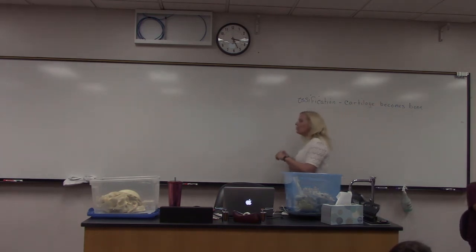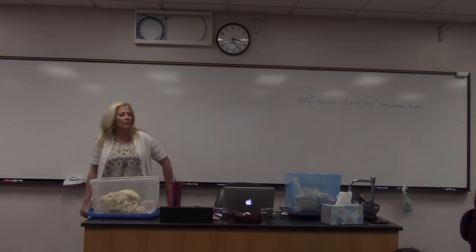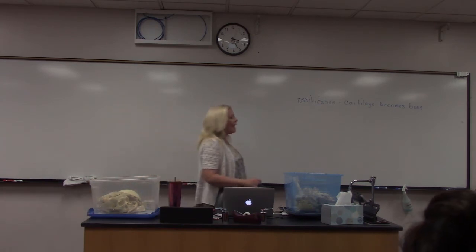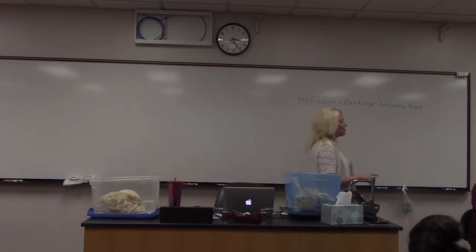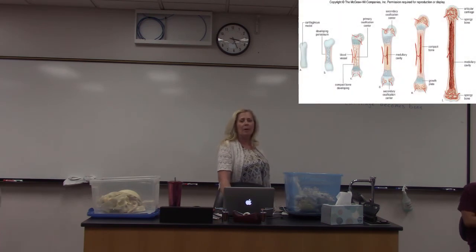So when we go through the process of ossification, we're turning cartilage into bone. So we have basically two major sites for ossification. We call it a primary site and a secondary site. So the primary site is in the shaft of the bone. The secondary site are on the ends of the bone. So this bone is growing thicker.